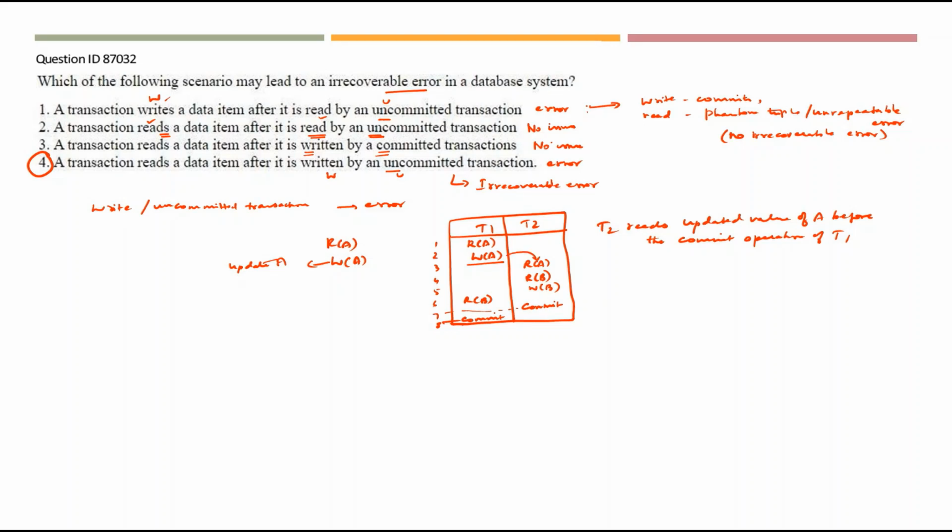R of A is given here. So T2 is reading the updated value of A from write of A. So this situation is depicted in the diagram. The transaction T2 is reading a data item A after it is written by an uncommitted transaction T1. This is something like a dirty read. So this becomes the irrecoverable error.